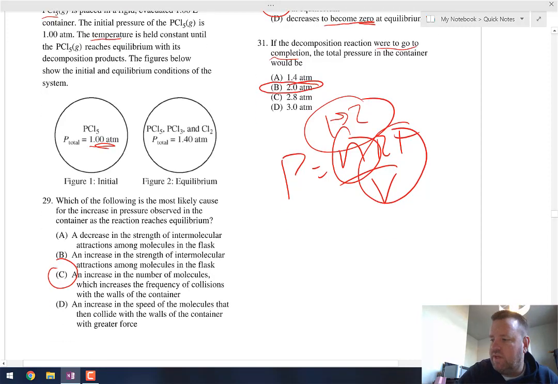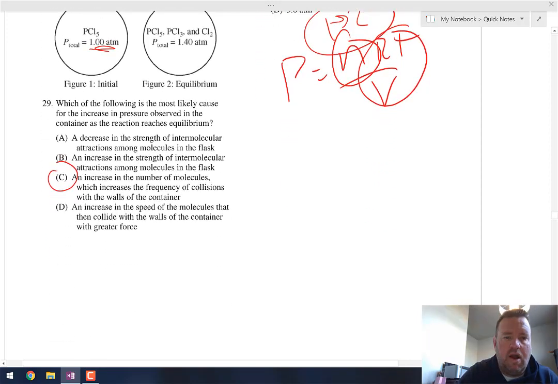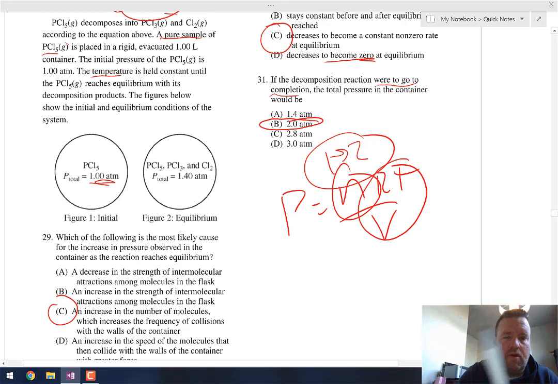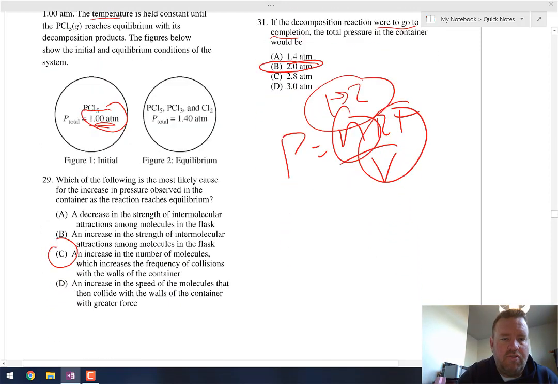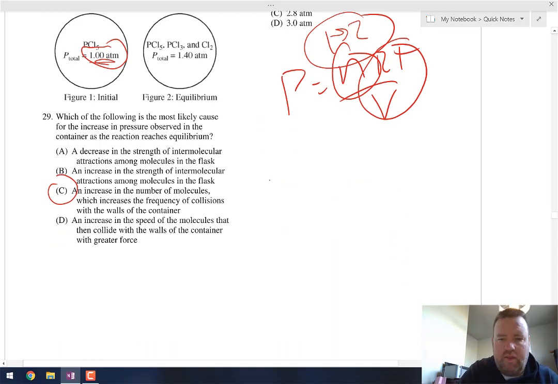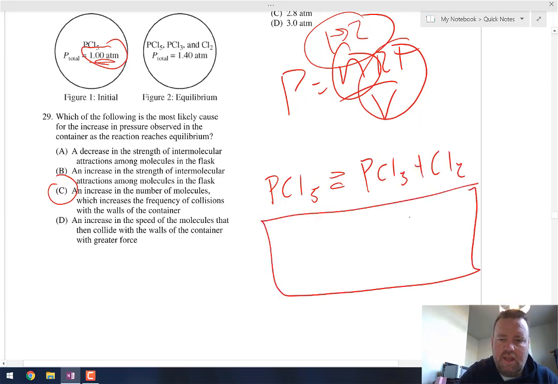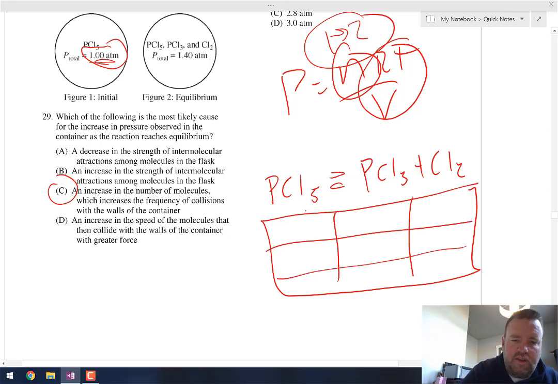So this is one of those cases where we can take our equilibrium scenario and go, okay, the initial pressure of PCl5 is 1, and the total pressure inside that container now is 1.4. So if we think about the PCl5 in equilibrium with PCl3 and Cl2, and we make an ICE table here, and this is whenever they give you the total pressure, this is a good thing to do.